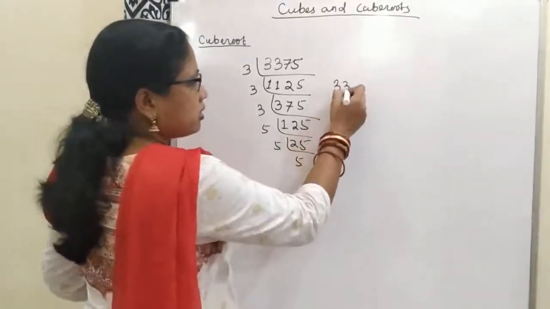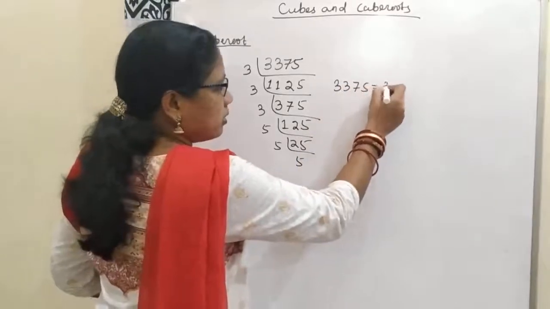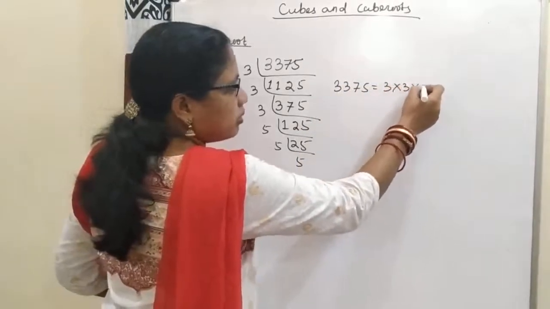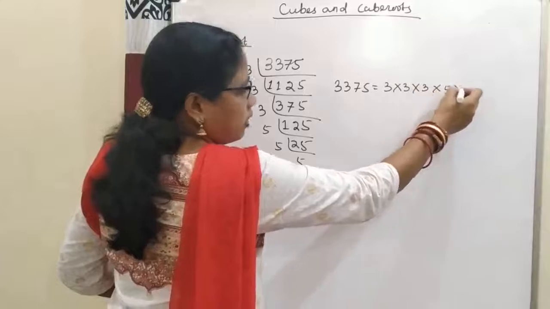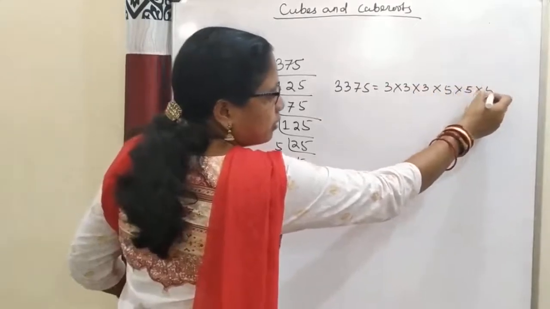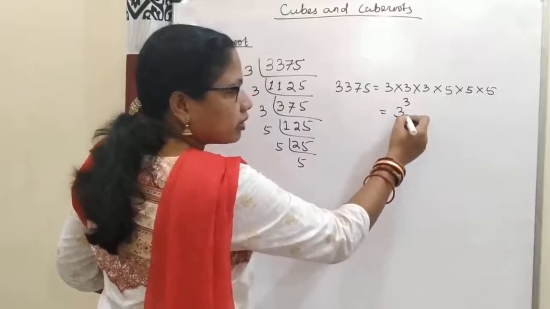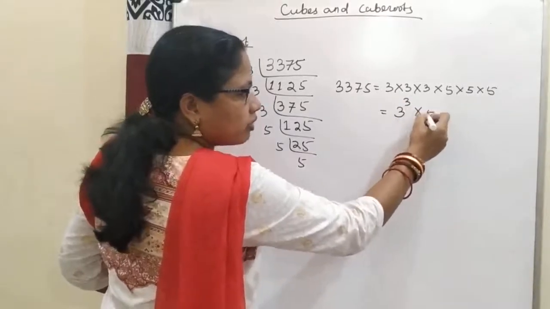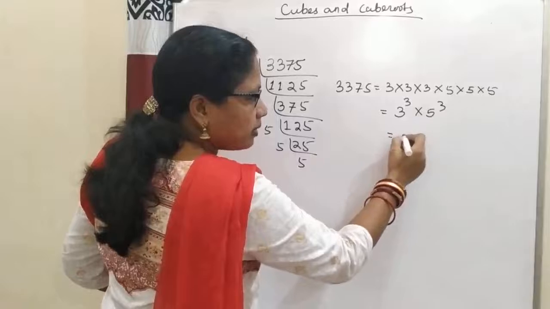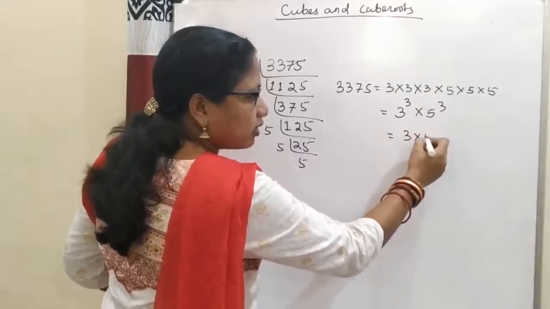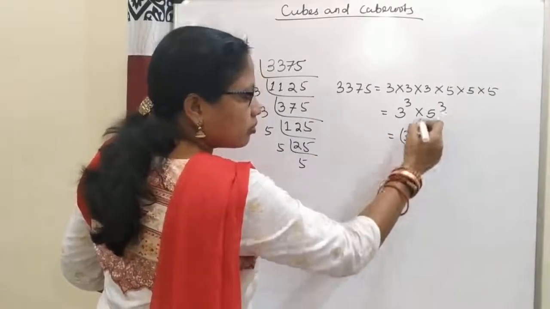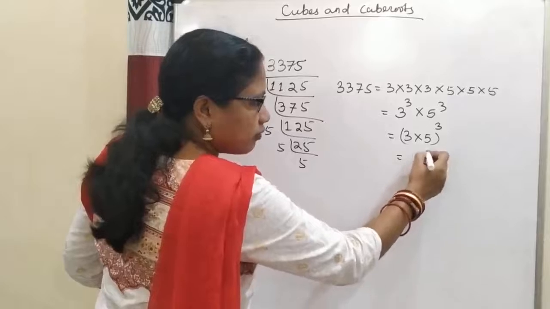So 3375 is equal to 3 multiplied with 3 multiplied with 3, 5 multiplied with 5 multiplied with 5. This is equal to 3 cube multiplied with 5 cube, or this can be written as 3 multiplied with 5, cube. So that is equal to 15 cube.